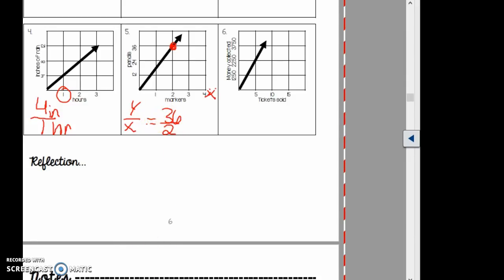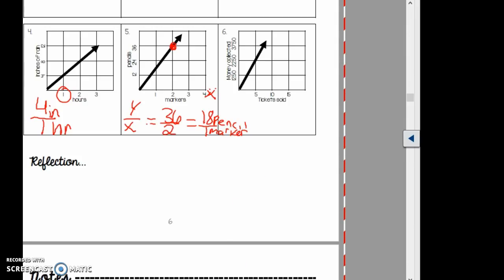And I'm going to help you with it. 36 divided by 2 is 18. So can you simplify that to 18 over 1? And that means 18 what? What's our y value on the y-axis? Pencils. So it's 18 pencils for every marker. So 1 marker on the bottom. Okay?